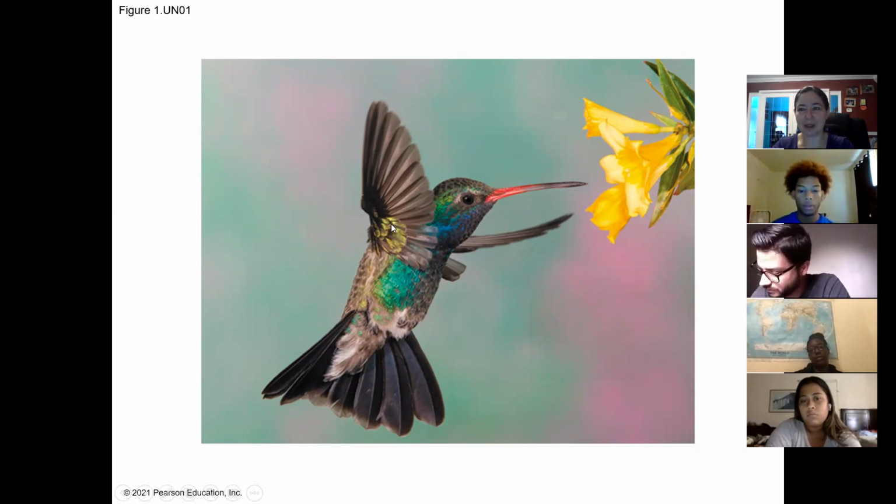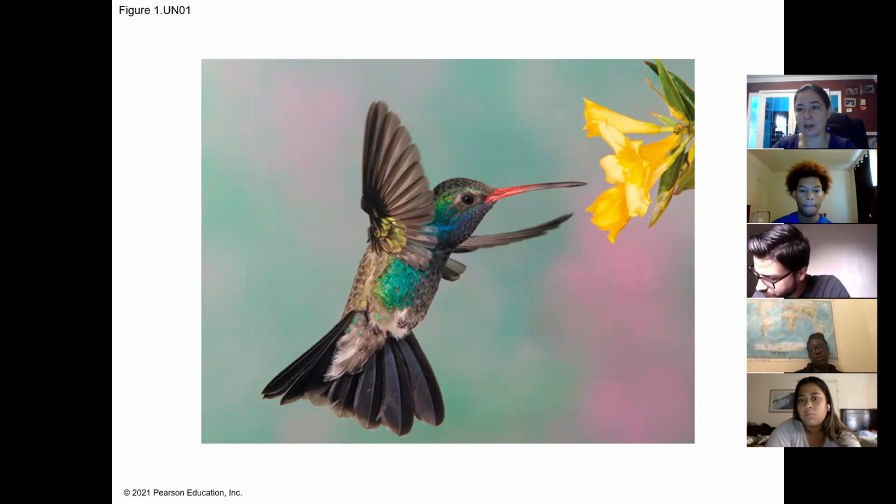What's really special about them, again, the wings. So the structure, like the shoulder joint, allows the wings to move not only to the front, but backwards as well, which allows them to move in both directions and also to hover, right? And what's also special about hummingbirds is that they don't rest.